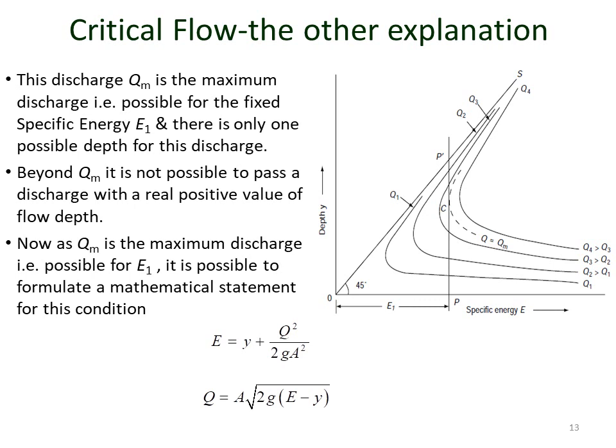If we increase the discharge further beyond QM, it is not possible to have a real flow depth for that given specific energy E1. In other words, that flow is impossible. So again, for a given specific energy E1, QM is the maximum discharge possible to pass through an open channel.